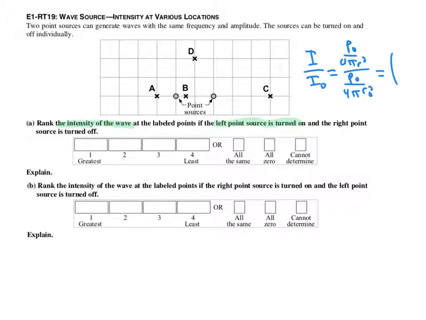And so we end up saying that it is the ratio of distances squared. So if I double the distance, I have 1/4 the intensity.